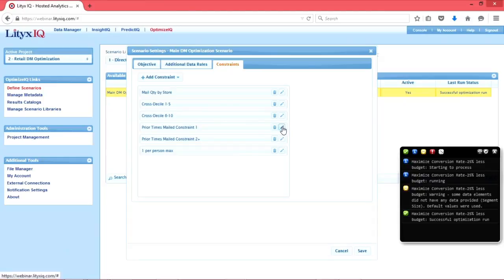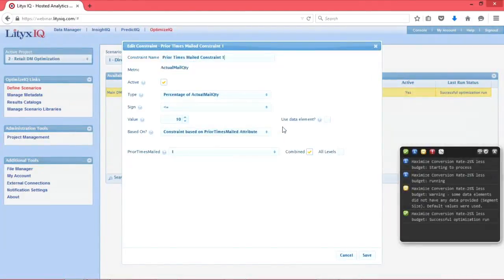In terms of a constraint that we can use to control overall mail, the number of times an individual has been mailed to over the past quarter is this one here. So I can set up, make sure that the percentage of actual mail quantity is not more than 10%, and assign that to people who have been mailed one time before.